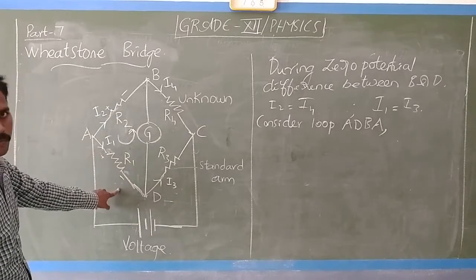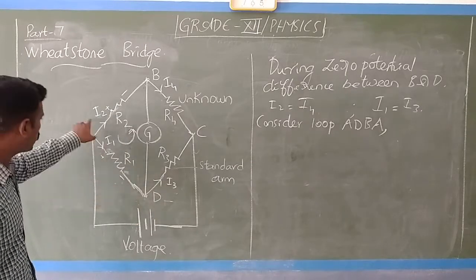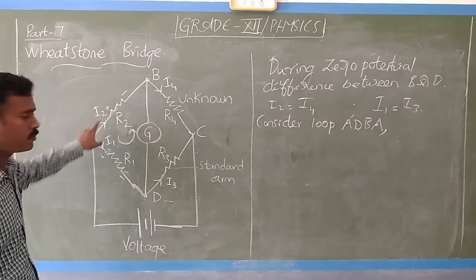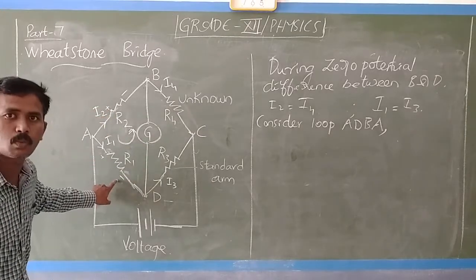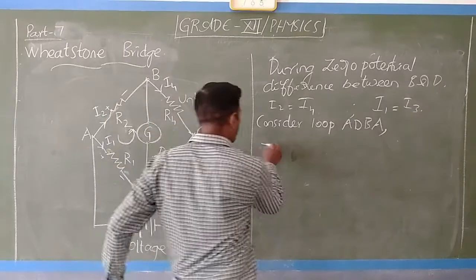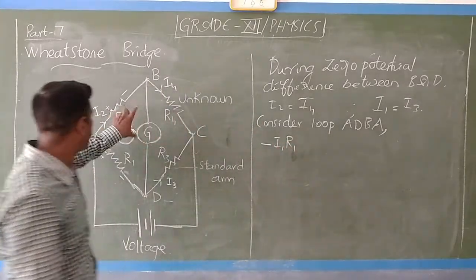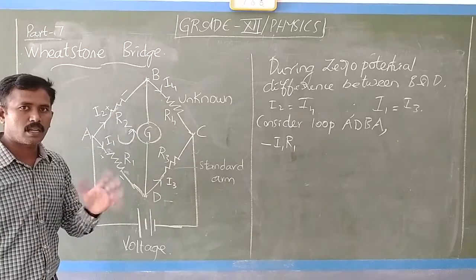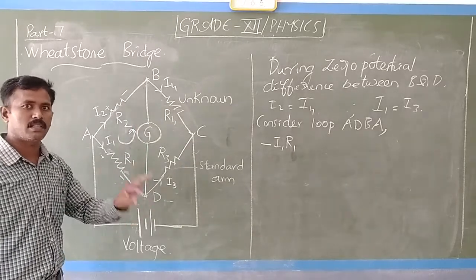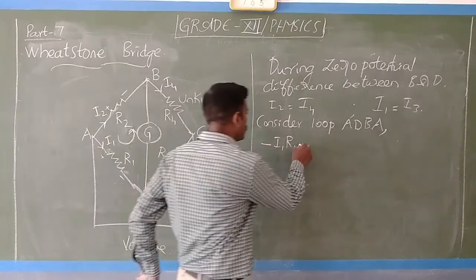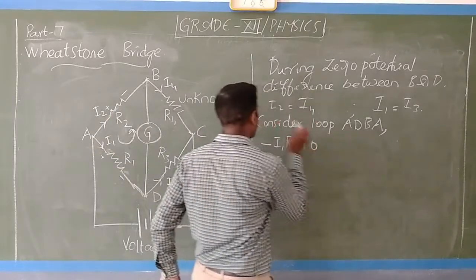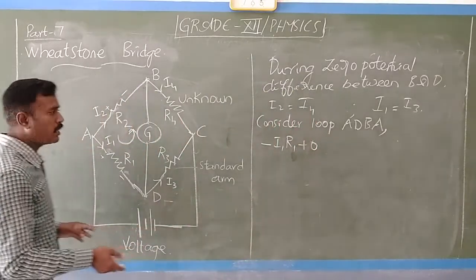Positive to negative. How does I1 flow? The same direction as the loop direction. So positive and negative means what is the polarity? There is negative of I1 R1. Then again the drop in the galvanometer: current does not flow, it is balanced. So there is a zero drop there. That is plus 0.